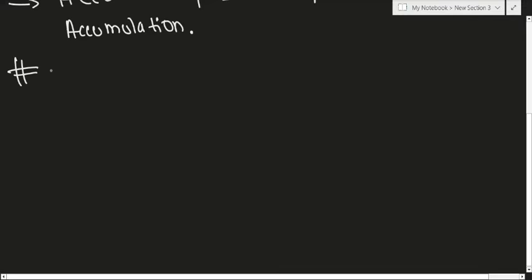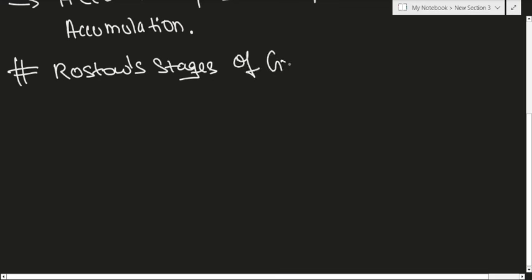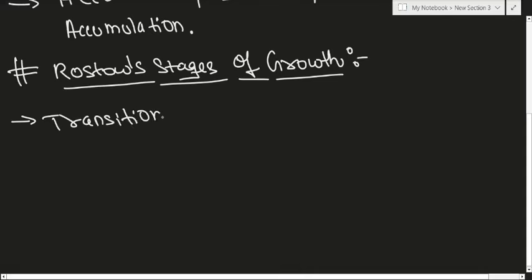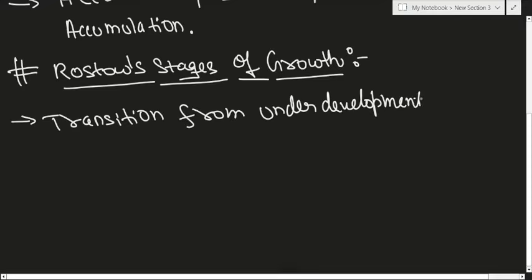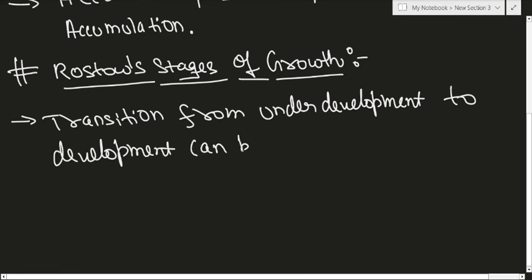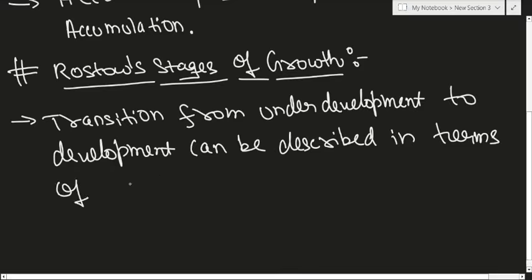Then we have another important one, that is Rostow's stages of growth. It basically says that the transition from underdevelopment to development can be described in terms of a series of steps through which all countries must proceed.